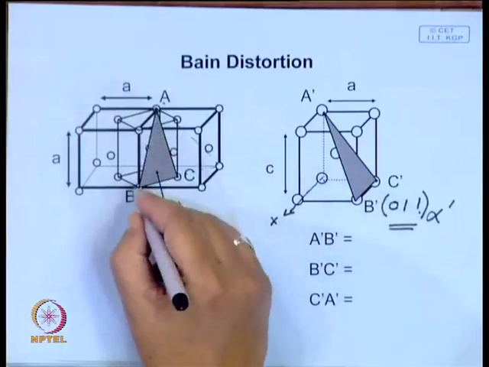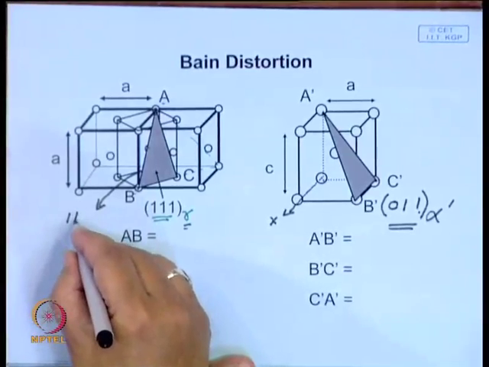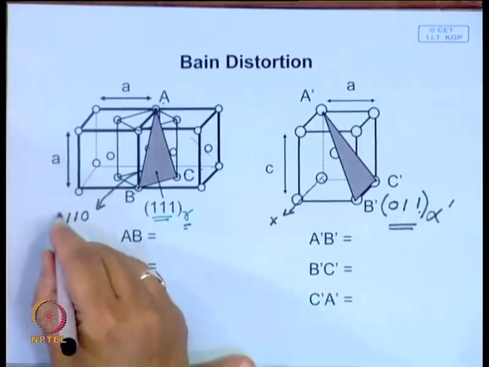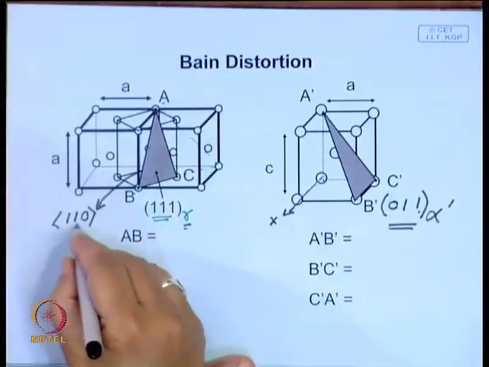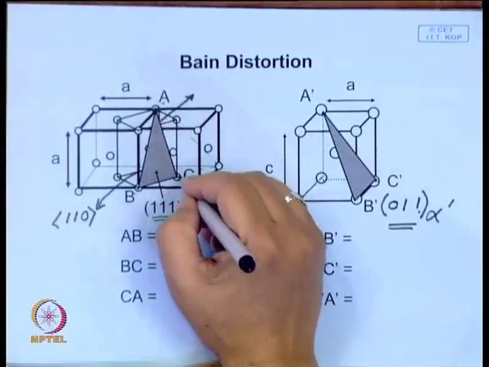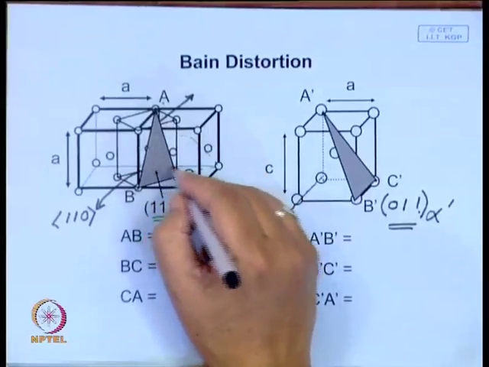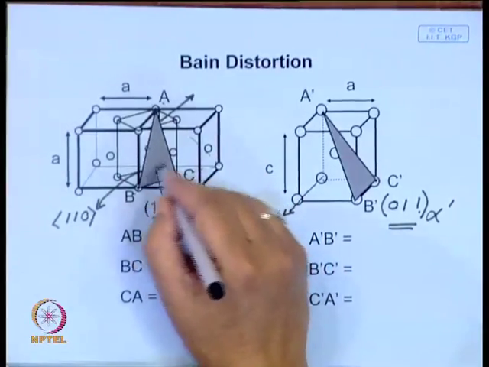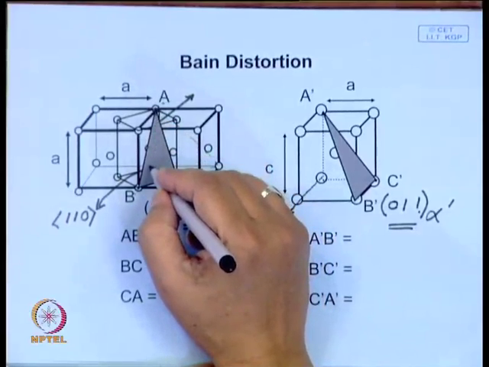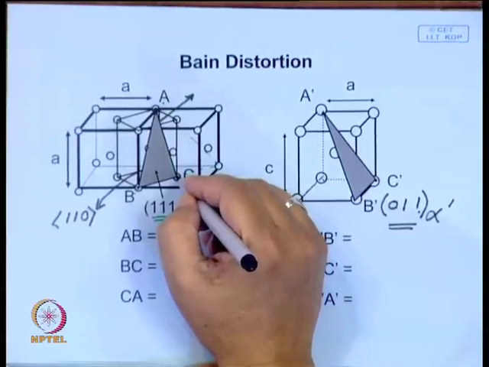So, look at this direction. I am not marking these signs, you try and find out what will be the exact directions, but this will be a direction of 1 1 0 type, whereas this will be a direction, say two places, half a unit along, to reach from here to here, you move 2 units along the z axis, half along y, half along x axis.